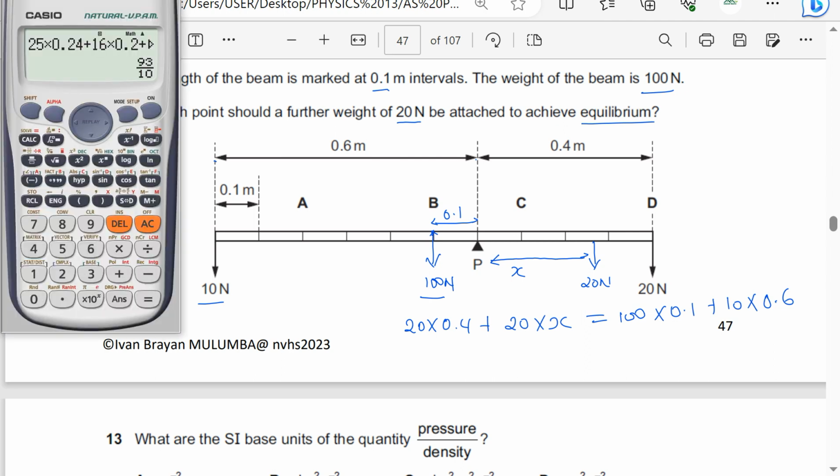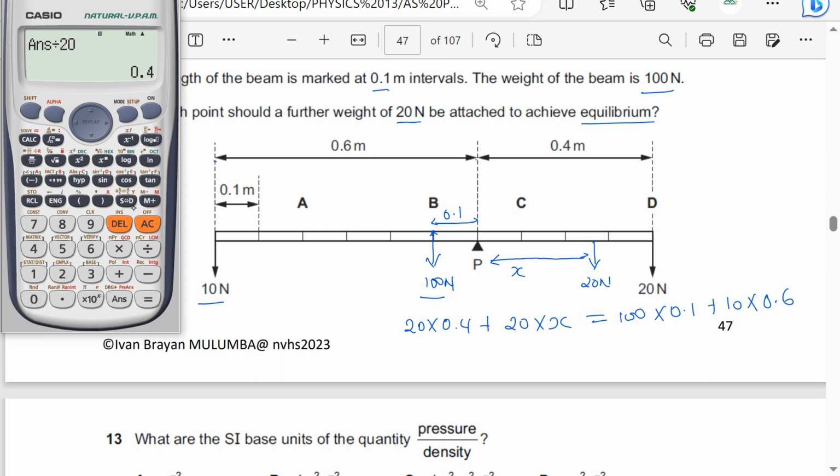So I'll just check with my calculator. 100 times 0.1 plus 10 times 0.6, then minus 20 times 0.4, divided by 20.